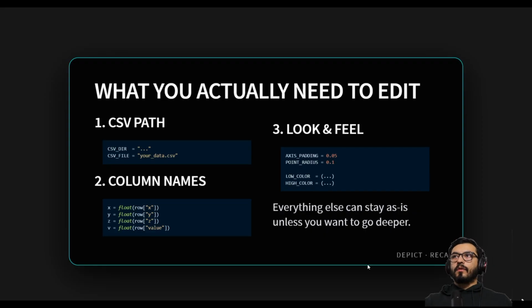What we will need to edit is just the path of the CSV file where you have it located, the names, the header of the columns, and of course the look and feel, whatever you want to tweak, the number of axes, of tick marks, the padding that we discussed, or the bound radius, the colors, etc. This can be directly added here.